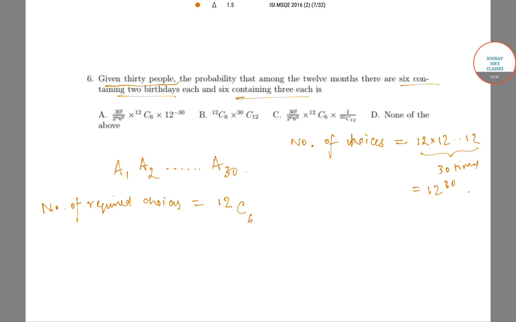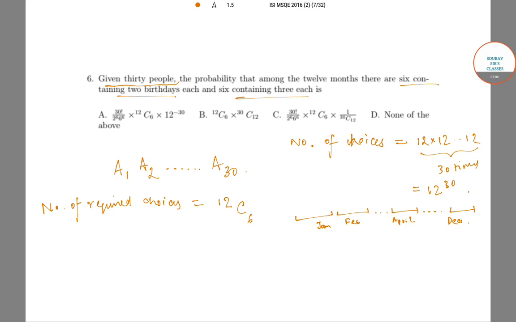After choosing 6 months out of 12, what we do is we create blocks like this from January all the way till December.